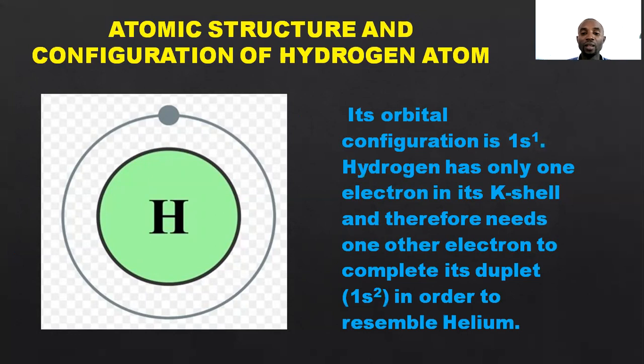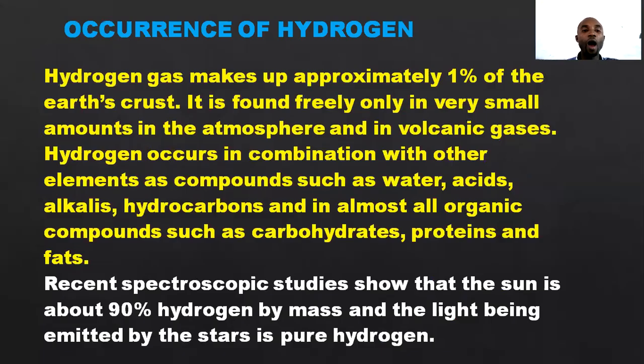Hydrogen has only one electron in the K shell and therefore needs one other electron to complete its duplet in order to resemble helium. One is needed to complete its duplet structure, which makes it resemble helium.